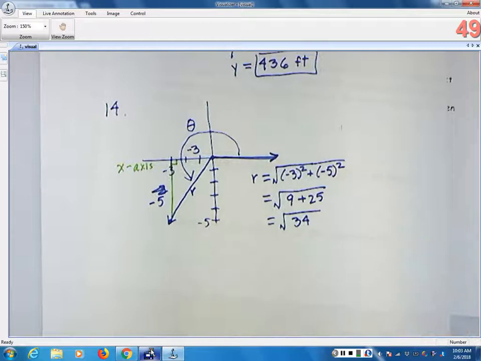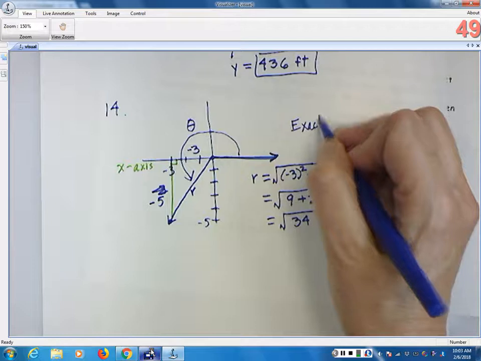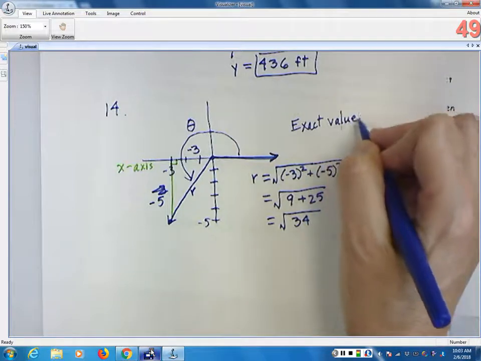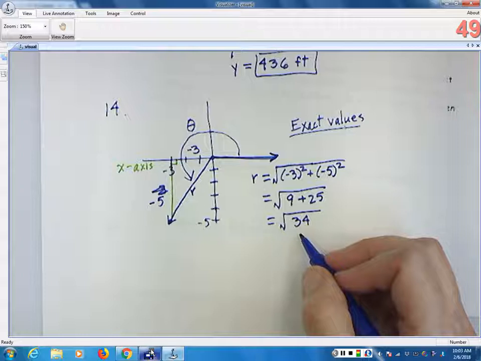I'm asking for exact values. And you would reduce this if it reduced. Well, 34 is 2 times 17, so that doesn't reduce.